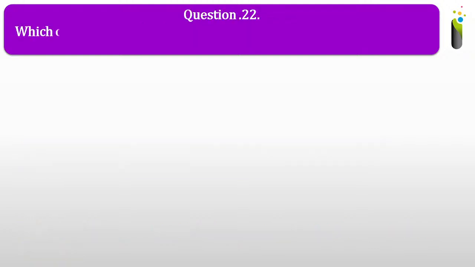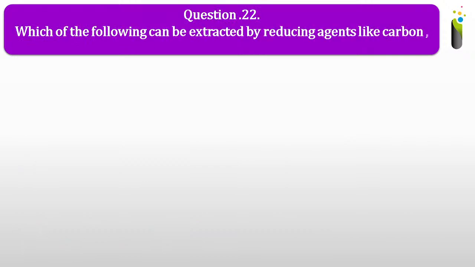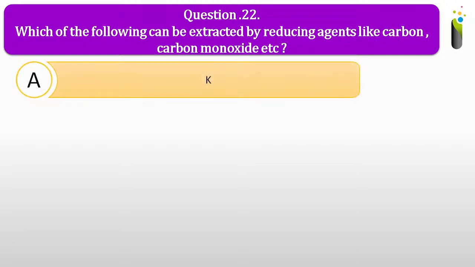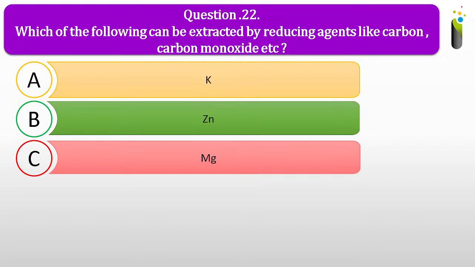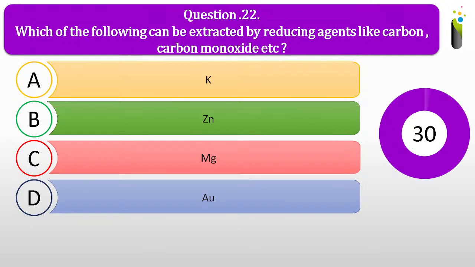Question number 22. Which of the following can be extracted by reducing agents like carbon, carbon monoxide, etc.? A. Is it potassium? B. Is it zinc? C. Is it magnesium? D. Is it Au?